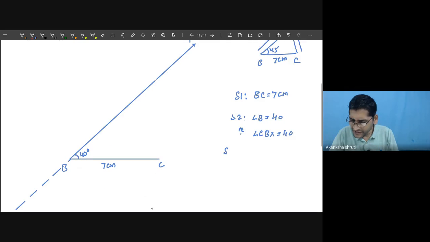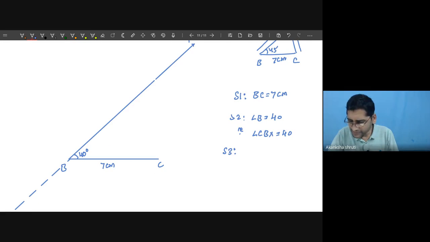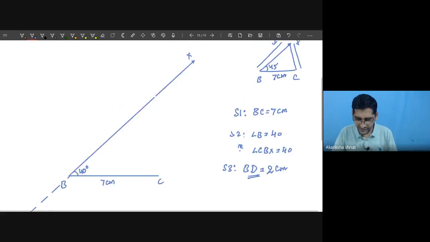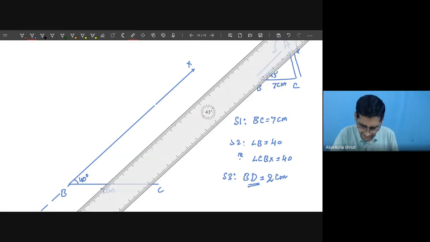Then step number 3, on BX mark a point D. Okay students, D is the intermediate point we are introducing. In the final triangle, you have to leave this D out. So BD equals 2 centimeters. Like the sum, here you have to take the difference. So let us take the 2 centimeters here.